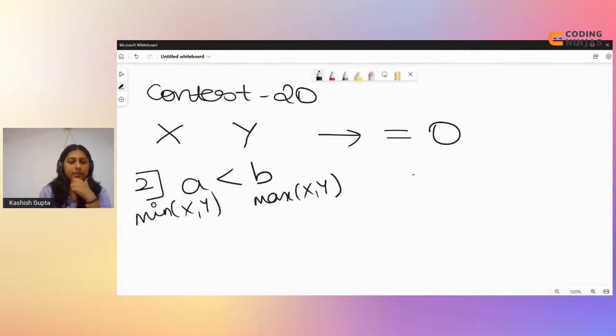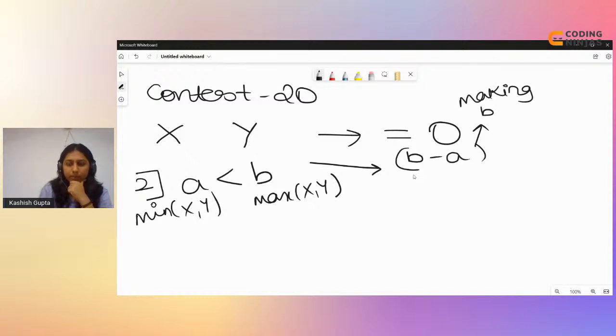So in this case, what we can do is, first we can decrement b and make it equal to a. That will require b minus a operations. This is for making b equal to a. And these many operations done alone on b will cost b minus a.